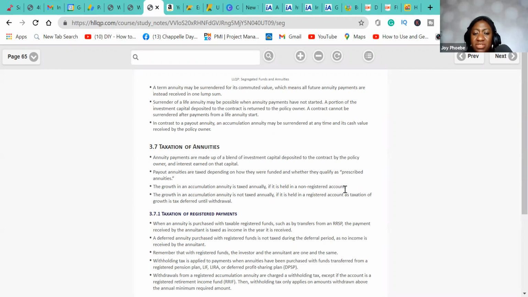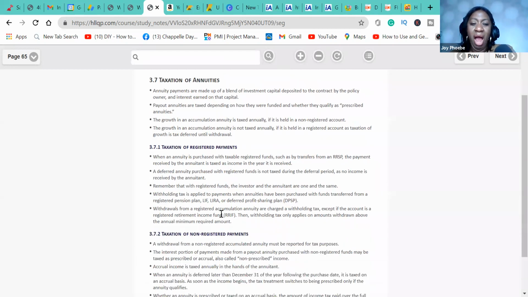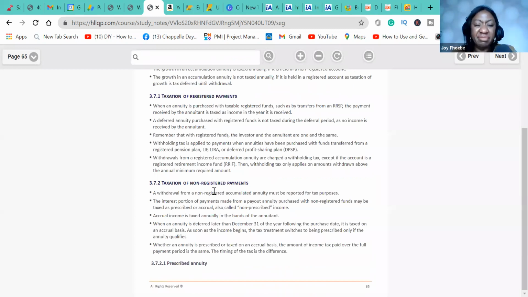The growth is not taxed annually if it is held in a registered account, as the taxation of the growth is tax deferred until withdrawal. Okay, so if you have an annuity in a non-registered account, the growth is taxed annually. However, if it's a registered account, the growth is not taxed annually because it has the benefit of tax deferral. Okay.